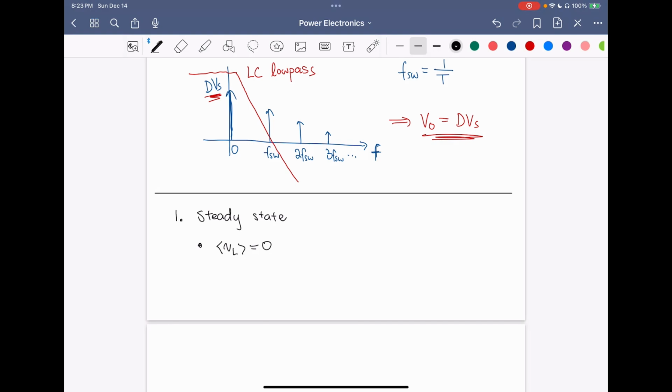And why that is the case is because of this. We know the inductor characteristic equation: the voltage across the inductor is equal to L times dIL/dt.